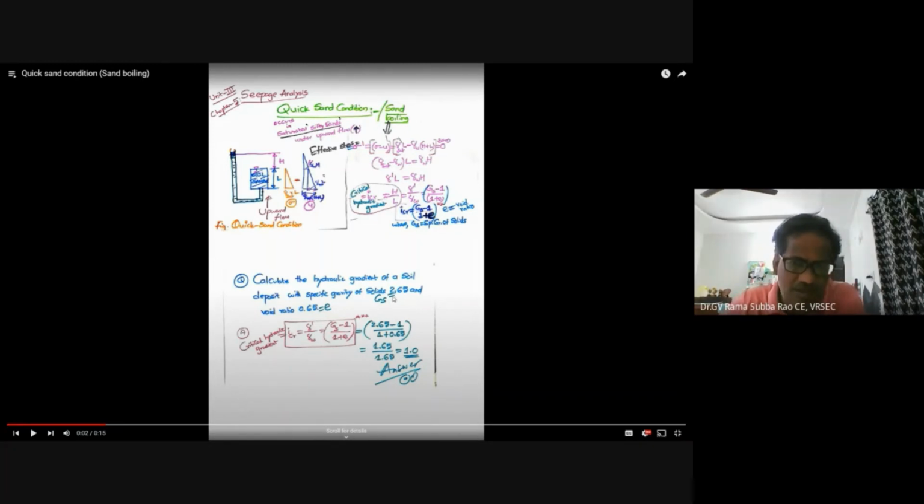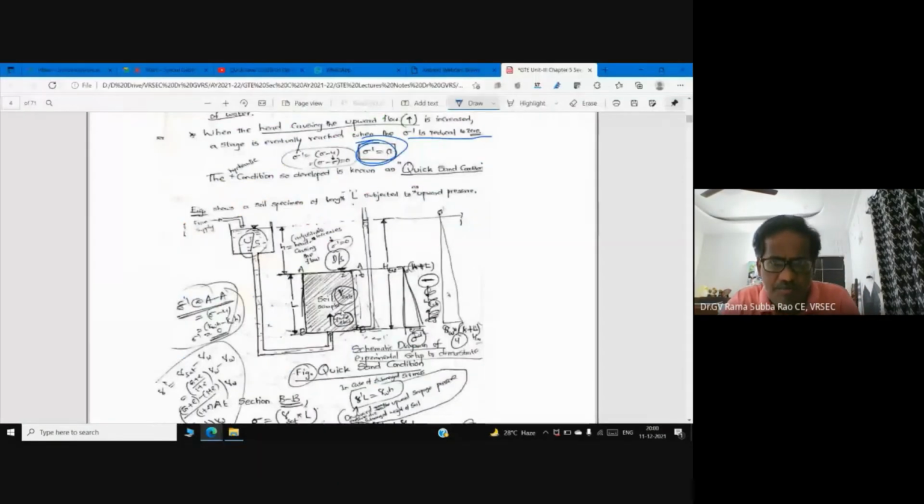So what is your answer now? If Gs is given, e is given, please tell me how to compute. Anybody ready to tell? Please help me so that we will move to the next question.